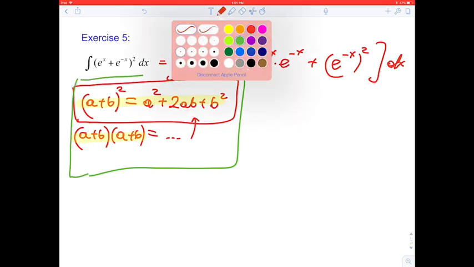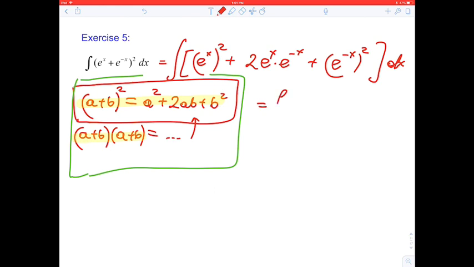Now let's integrate. E to the x to the power of 2 is e to the 2x. E to the x times e to the negative x is e to the power of 0, which is simply 1. And e to the negative x squared is e to the negative 2x.